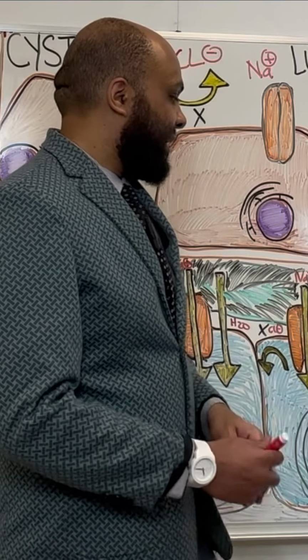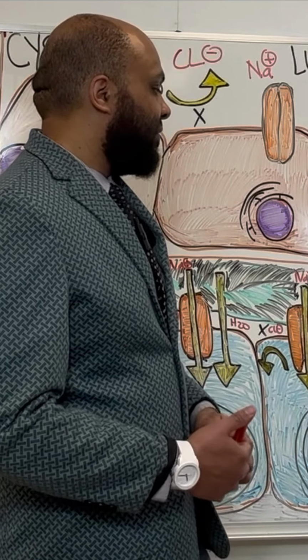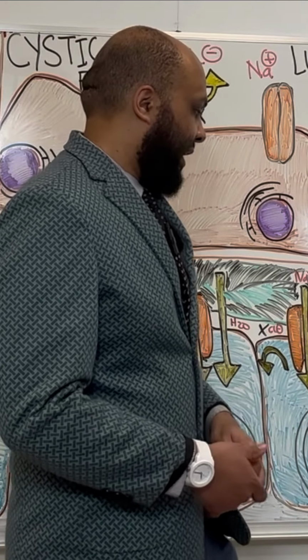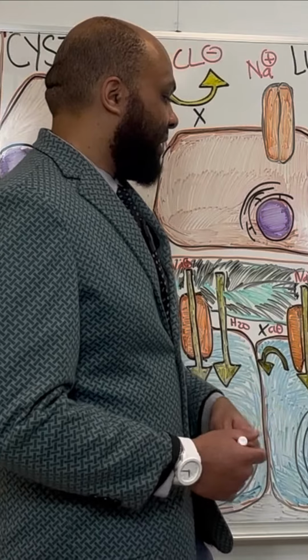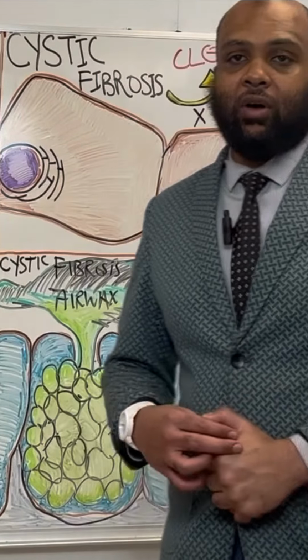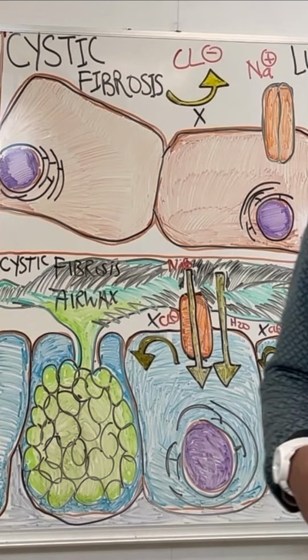And we will see that male patients would even go as far as developing infertility and azoospermia, and there would be bilateral obstruction of the vas deferens. So we're going to go in depth about these.